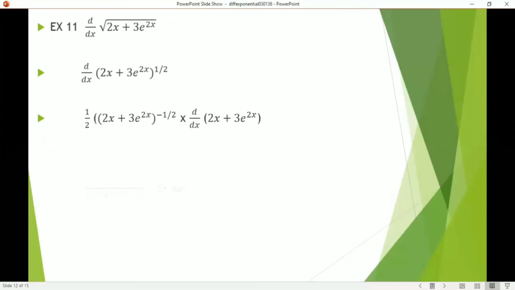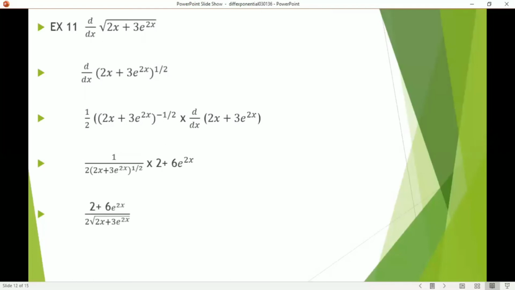So differentiating 2x gives 2. Differentiating 3 e to the power of 2x, it's 6 e to the power of 2x. So final answer, 2 plus 6 e to the power of 2x divided by 2 square root 2x plus 3 e to the power of 2x.